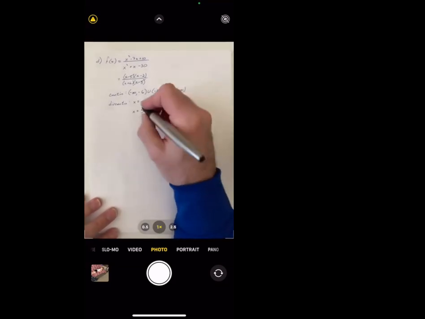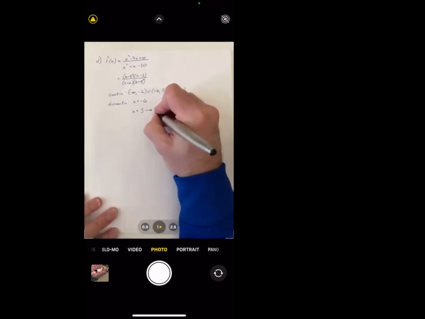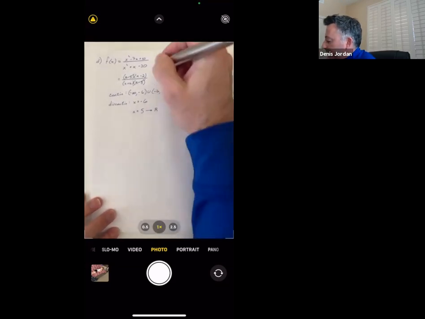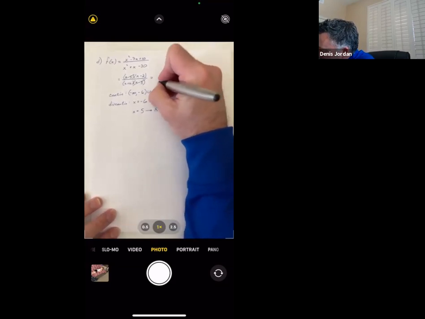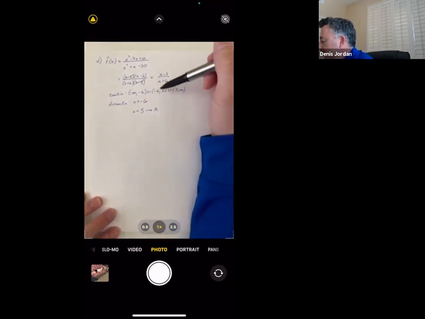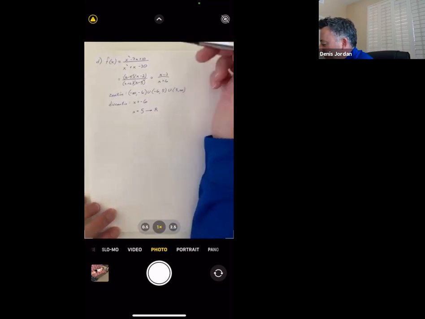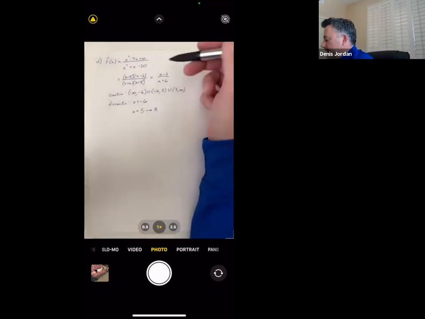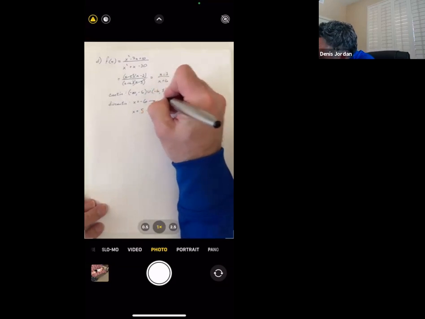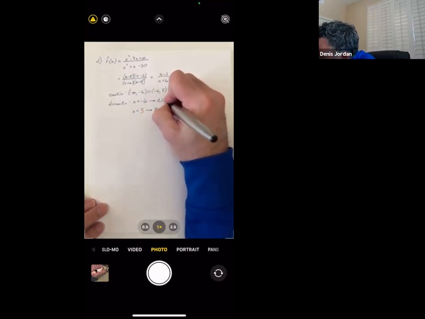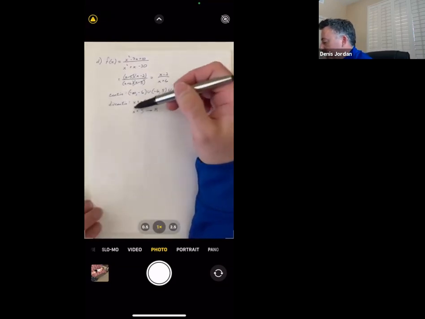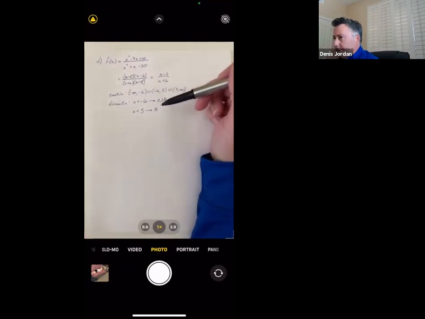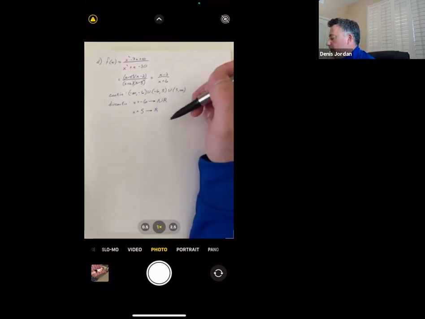The 5. So that is your removable discontinuity. This -6 is still making that function not continuous, so it's still a point of discontinuity. You just couldn't remove it. But the 5 just disappeared. It's still a discontinuity, but since it disappeared, that's why it's called removable.